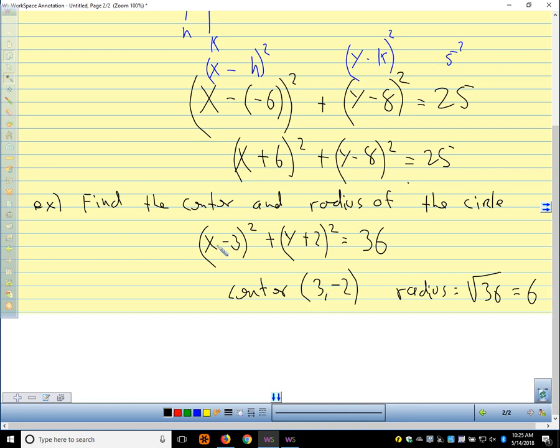So between the point and the equation, these change signs. This is the radius squared, so we take the square root. All right, questions?